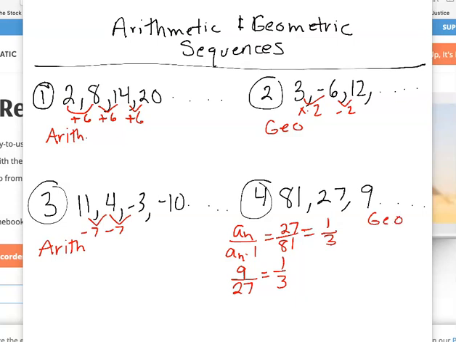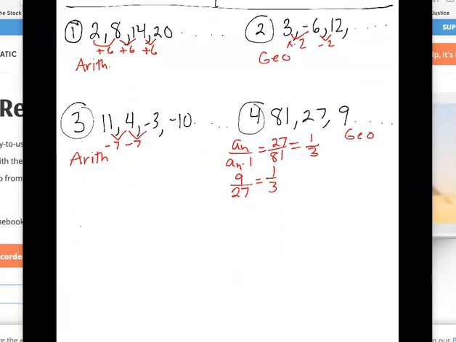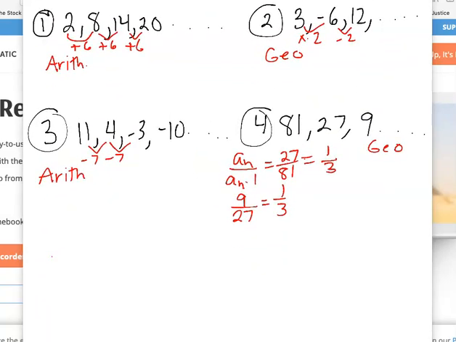Now, on all of these, let's say I was to say find the 10th term. Well, let's see.